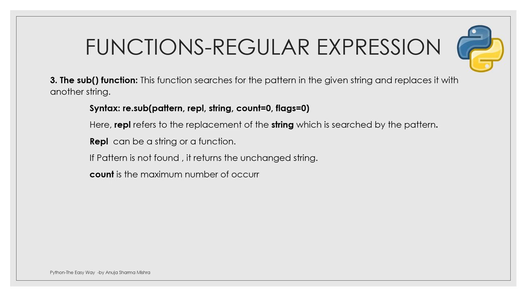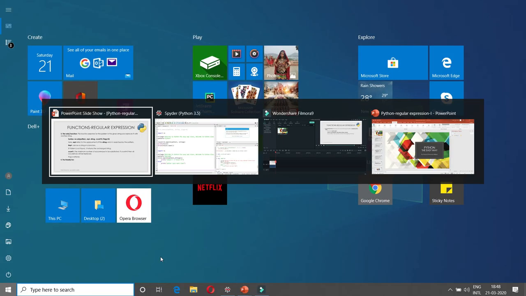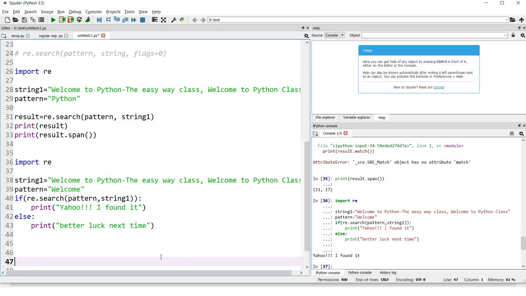So if you have given count equal to 1, it will replace only the first occurrence. It searches from left to right and replaces accordingly. If the count is 0, then it will replace all the occurrences. And here also the flag is optional.